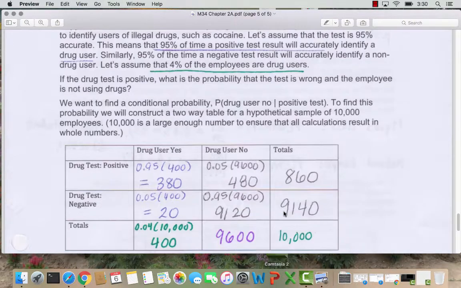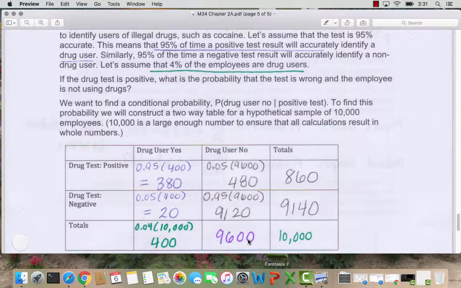Now we assumed 4% of the employees are drug users, so I can calculate 0.04 times 10,000 to get 400 drug users. So in the drug user yes column, that's where I enter my 400. So now by process of elimination, I know this has a total 10,000, so I can say 10,000 minus 400 leaves me with 9,600 of the employees who are not drug users.